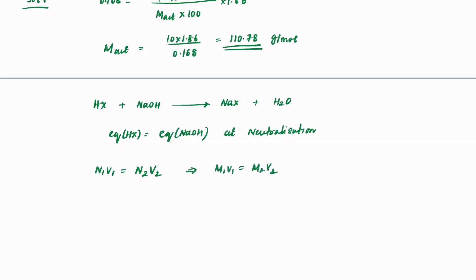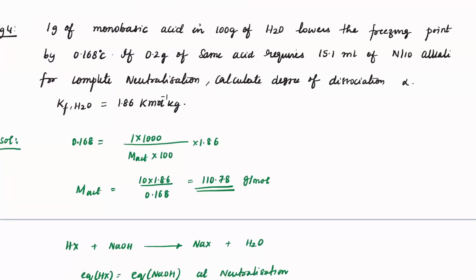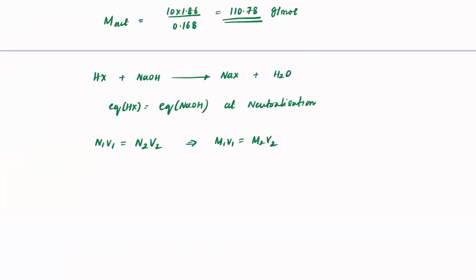So now let's calculate the number of moles of the acid given here. How much is given? See, 0.2 grams of acid is being required. So number of moles of acid given here is 0.2 grams divided by its molar mass. These are the number of moles used. So this is the molar mass of the solute here. So that's clear.